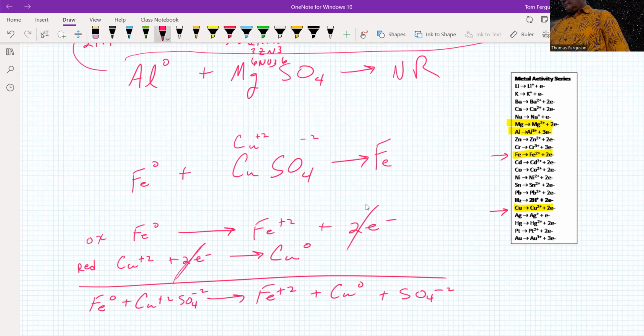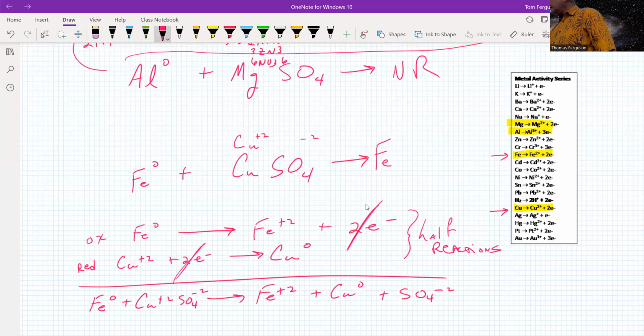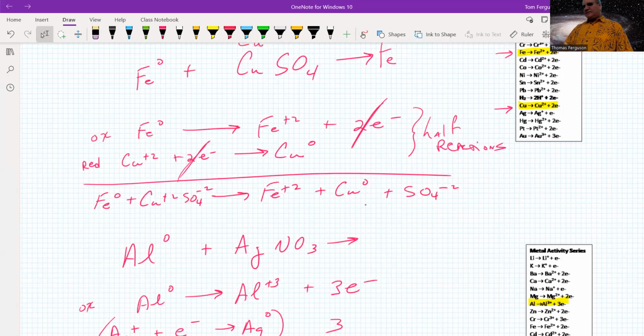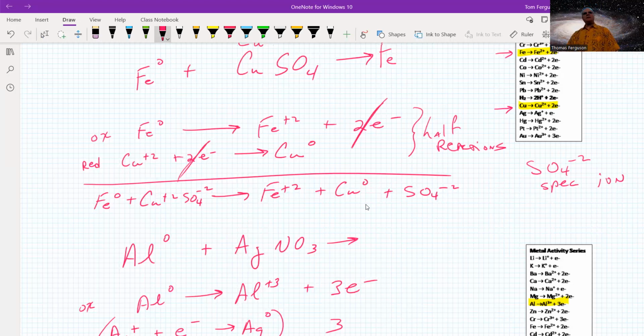So those are the 2 half reactions. Okay, so we add these up and put in the spectator ion. The sulfate ion -2 is going to be the spectator ion.